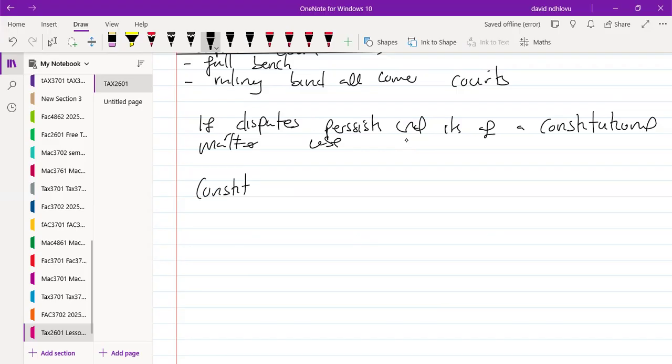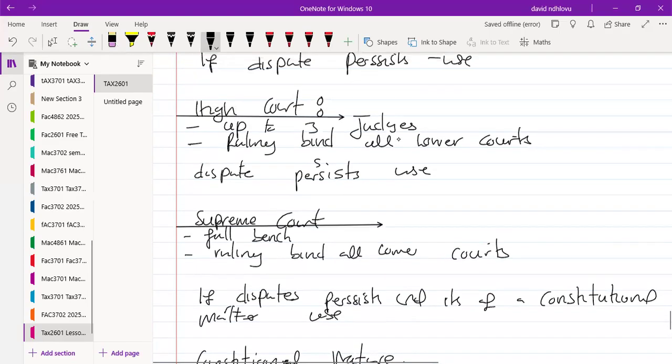But the Constitutional Court is a special court. It can only hear cases of a constitutional nature. So if the dispute is not of a constitutional nature, it will end in the Supreme Court.